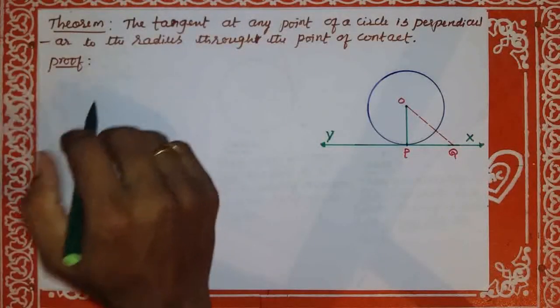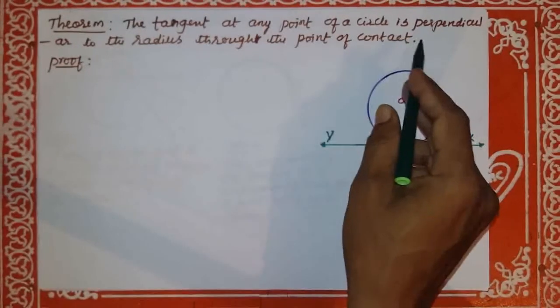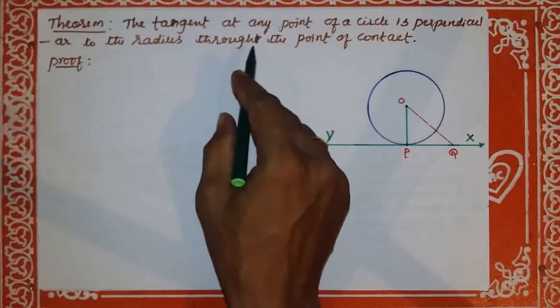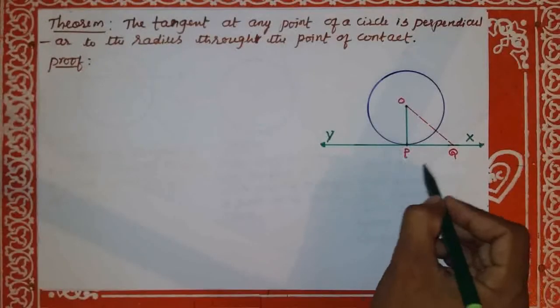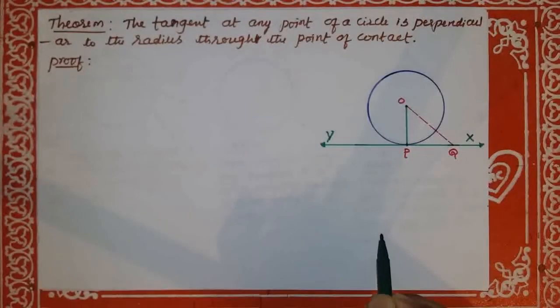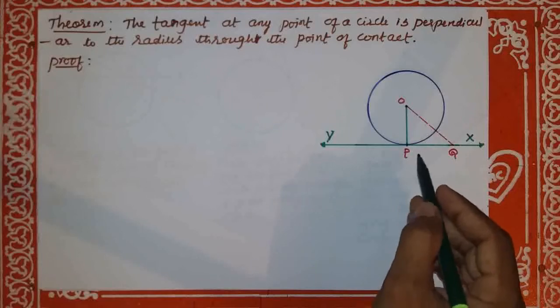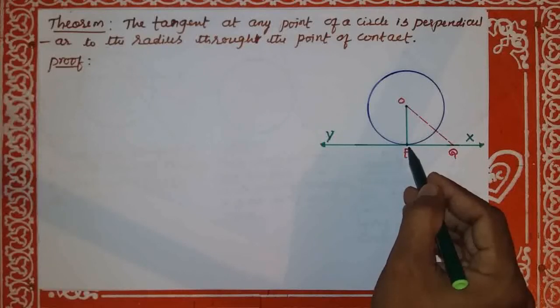Dear students, one small theorem here. The tangent at any point of a circle is perpendicular to the radius through the point of contact. Here P is the point of contact. The tangent touches the circle at this common point, which is called the point of contact.